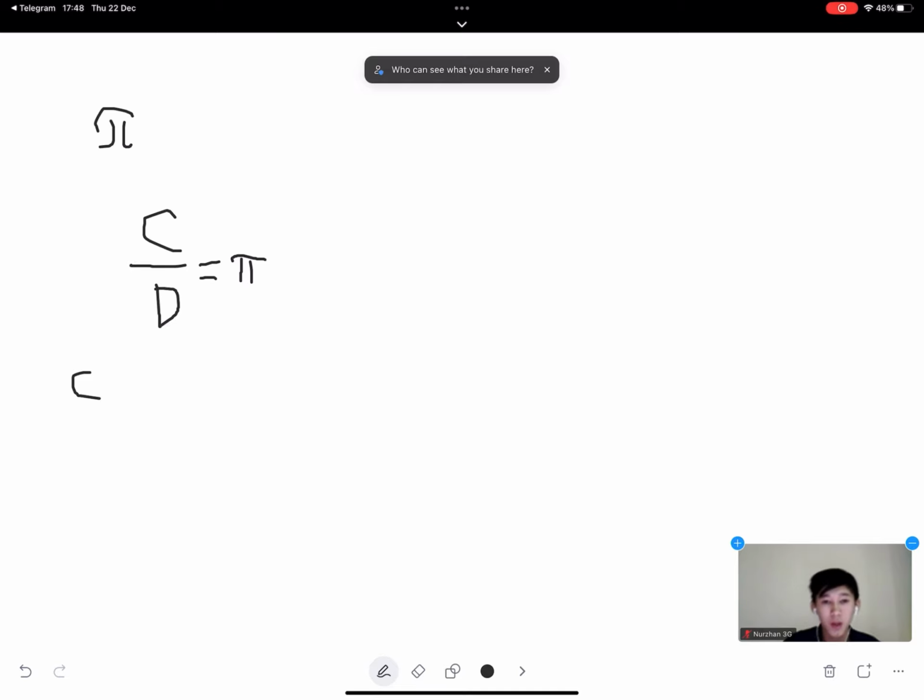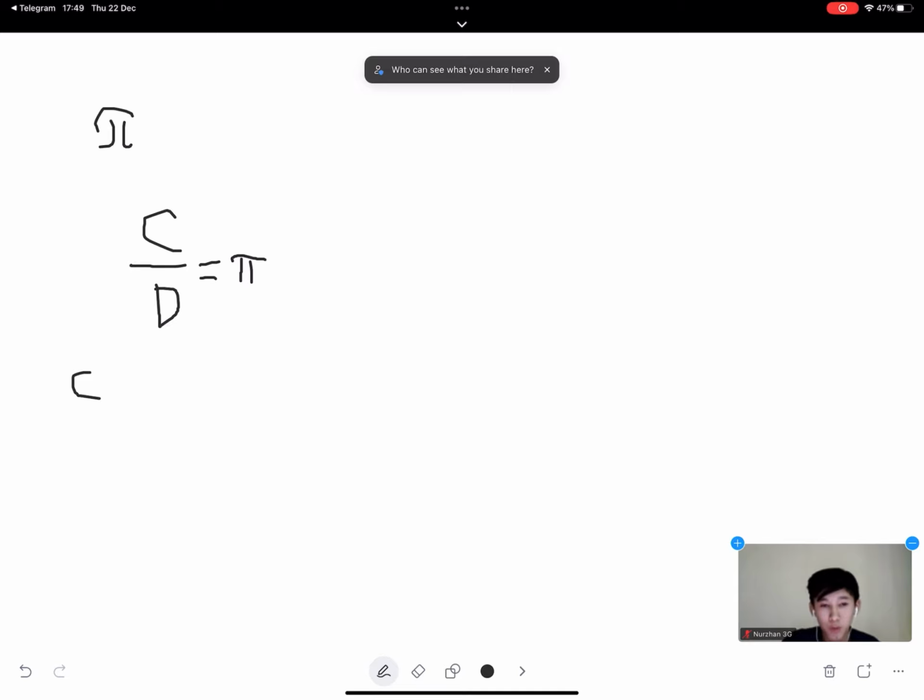And thus the circumference can be calculated by multiplying the constant pi by the diameter, or multiplying pi by twice the radius, since the diameter is equal to 2 radii.